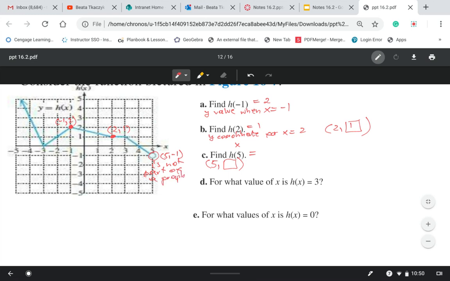So h of 5 is undefined. So in cases like that, you're saying undefined. We cannot find it because it's not part of the graph.